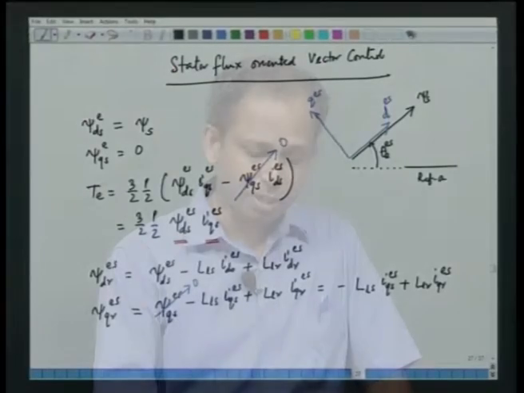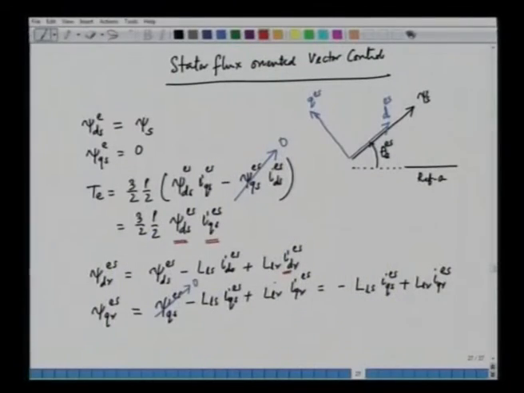In this equation, the rotor currents are not known. We do not know this current IDR, we also do not know IQR. So, we have to express this rotor current in terms of stator current and stator flux. So, we can write down expressions for IDR and IQR in terms of stator flux and stator current.